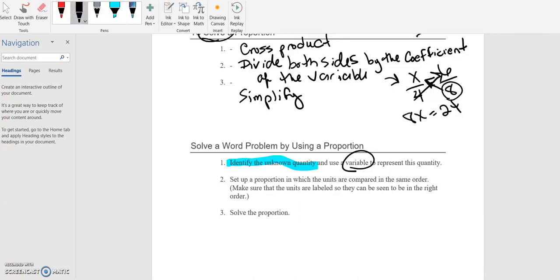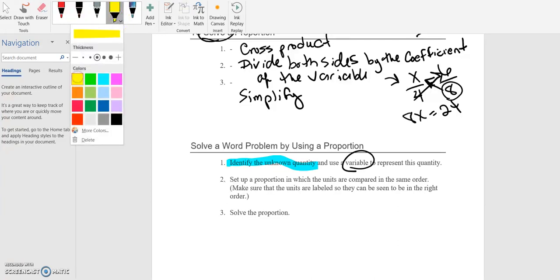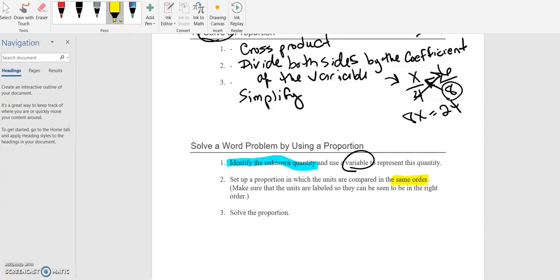The next thing we need to do is set up a proportion in which the units are compared in the same order. That's the important part right there, in the same order. If I'm comparing, for example, miles, and my unknown is miles, then I need to compare the two miles as my numerator or denominator, whichever one.